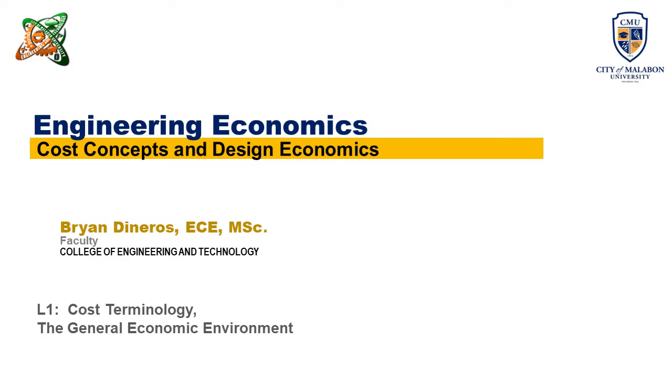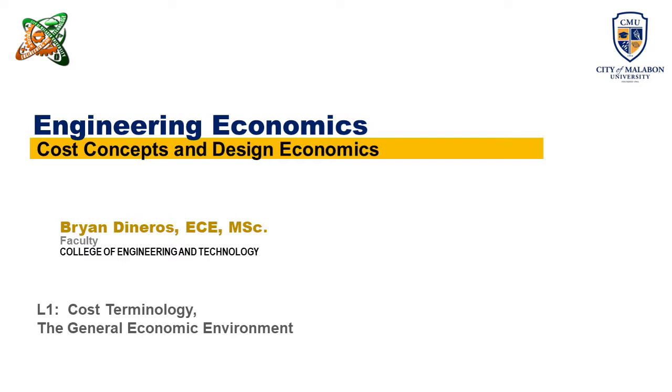Then we'll try to illustrate some examples solving costs in the design economics. Okay, so for cost terminology, there are a variety of costs to be considered in an engineering economic analysis.